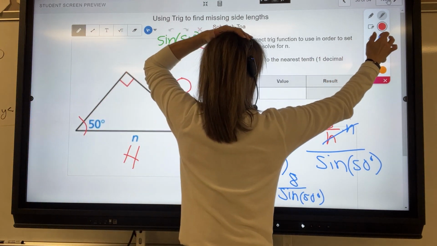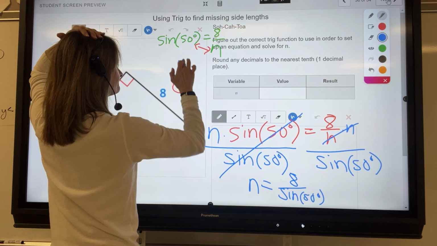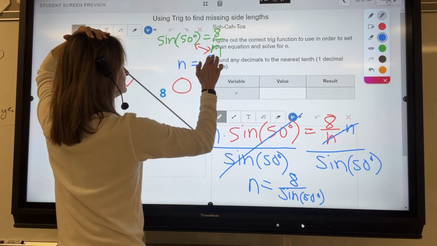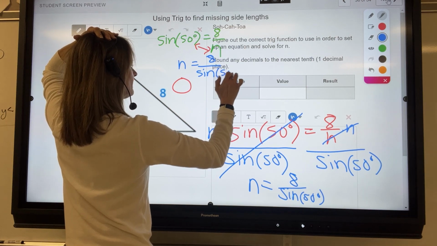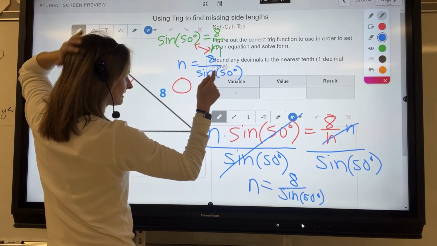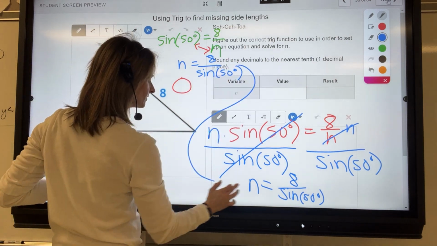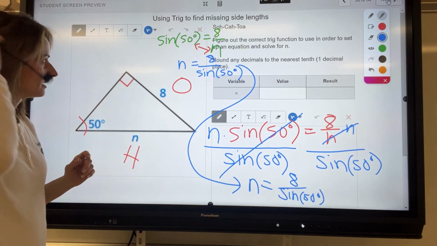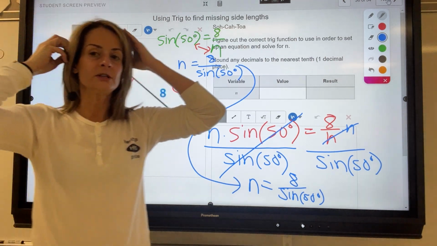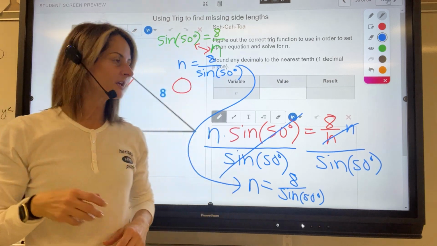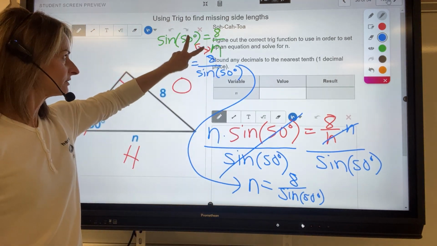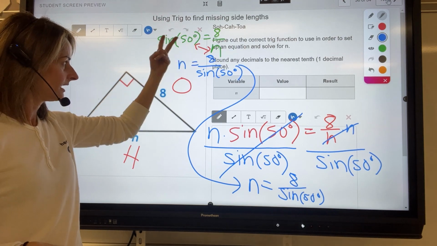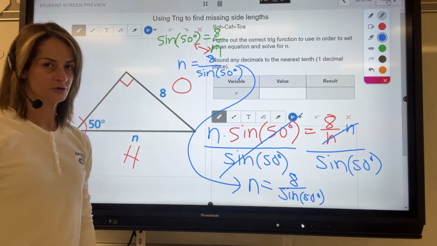And that would become n equals 8 over the sine of 50. And notice that's exactly the same as what we got here. So if you have an unknown in your denominator, to save yourself some algebra, you can switch the denominator and the other side. And then you can plug it in the calculator and you're done.